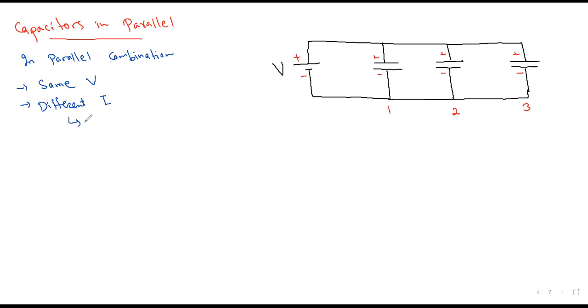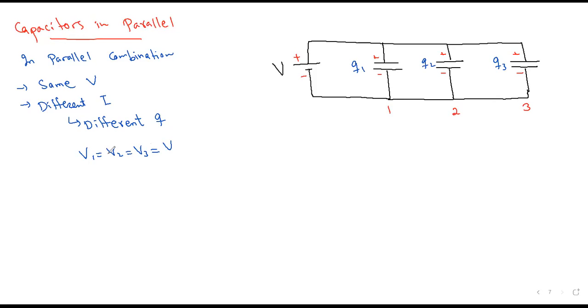And if current will change, it means all these capacitors will have different charges. So I can write that V1 equals V2 equals V3 equals V, but they will have different charges. This plate will have charge Q1, this will have Q2, this will have Q3. So correspondingly, if Q is changed, then C will also be changed.